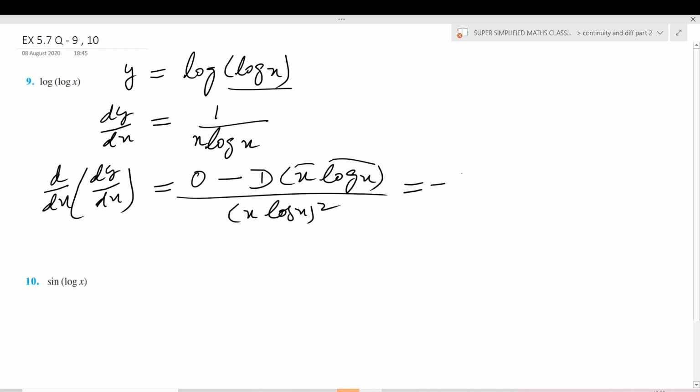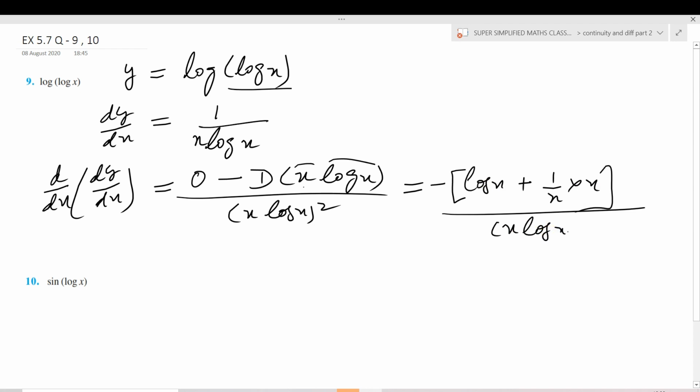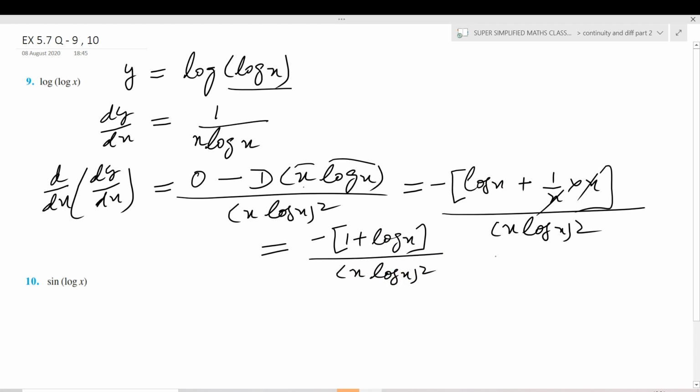So with a negative sign, derivative of x is 1 into log x plus derivative of log x is 1 by x into x, divided by x log x whole square. Its x gets cancelled with this x. So this expression becomes negative (1 plus log x) divided by (x log x) whole square. This is your required second order derivative.